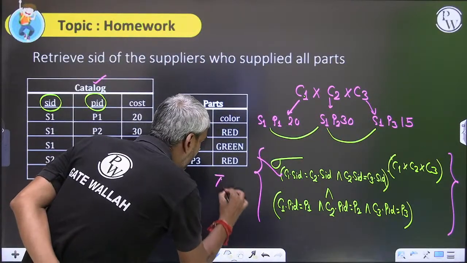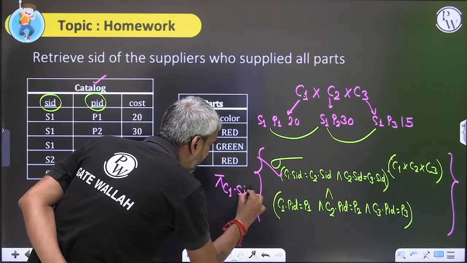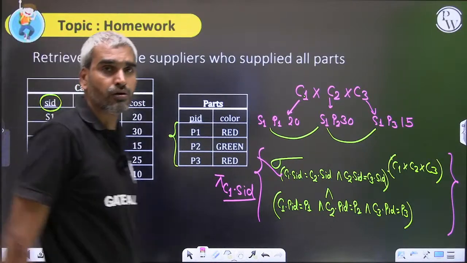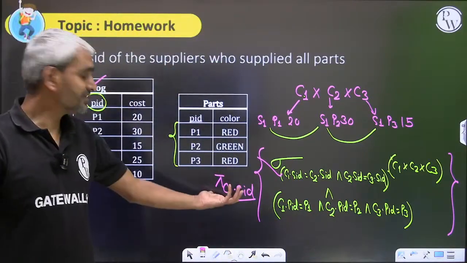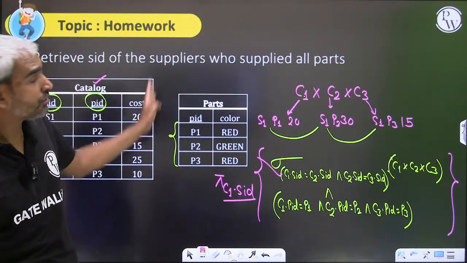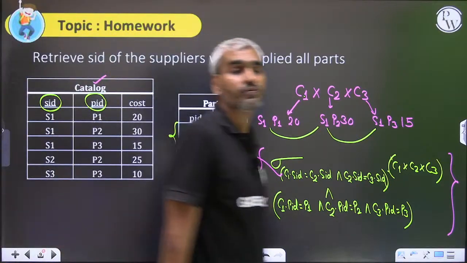Therefore, if you project that SID, you have obtained the SID of the supplier which is associated with all the PIDs of the part table.